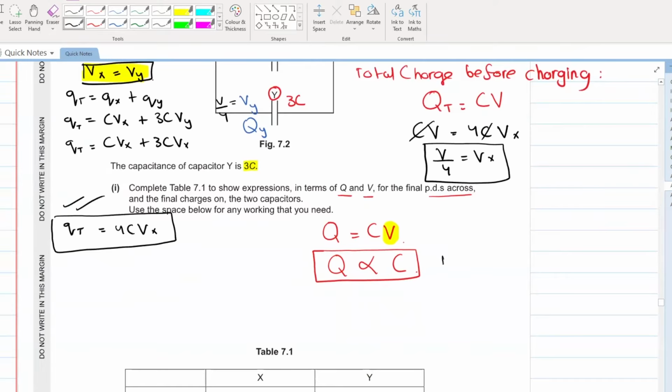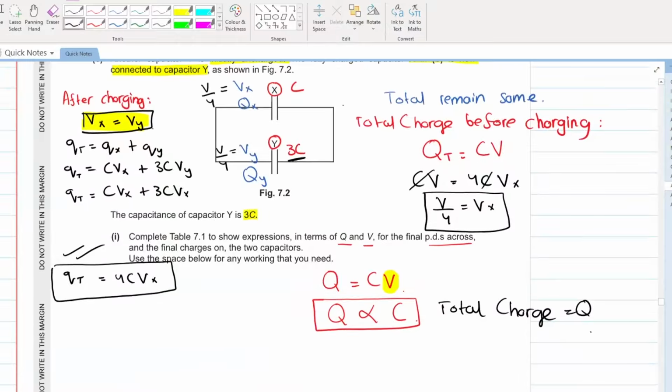Total charge initially is Q. Perfect. So out of this Q, 3 portions of this Q will go to capacitor Y, and 1 portion will go to capacitor X, because capacitance is directly proportional to the charge stored.